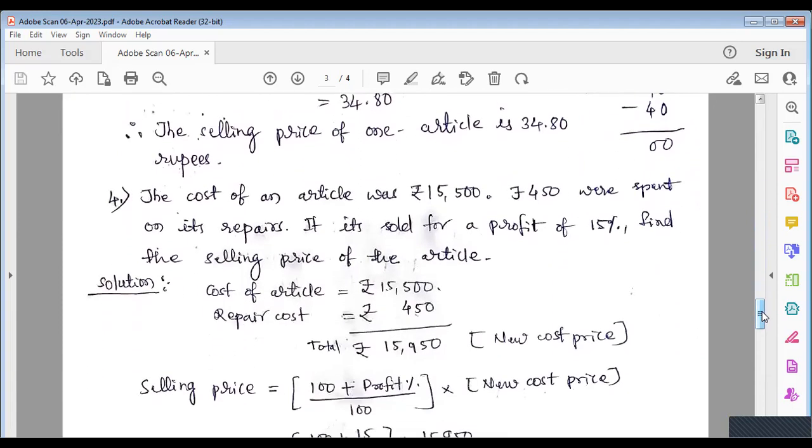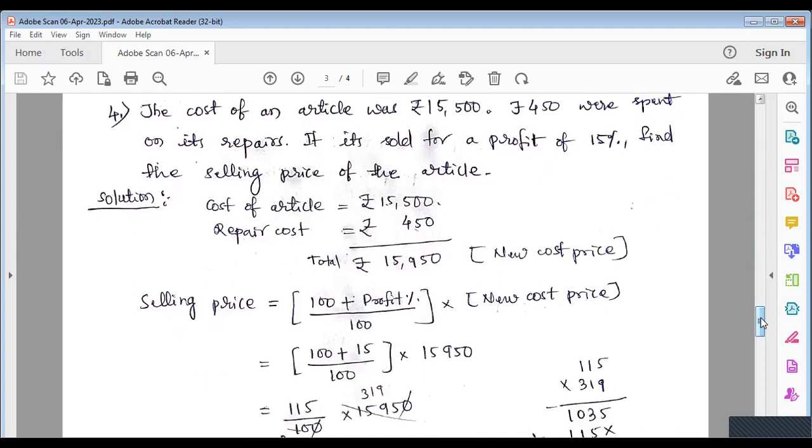Next problem is like this. The cost of an article was 15,500 rupees. 450 rupees were spent on its repair. If it is sold for a profit of 15%, find the selling price of the article. So the cost of the article is 15,500 and 450 rupees was spent as repair cost.